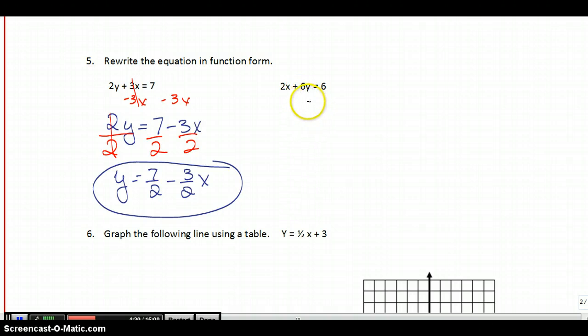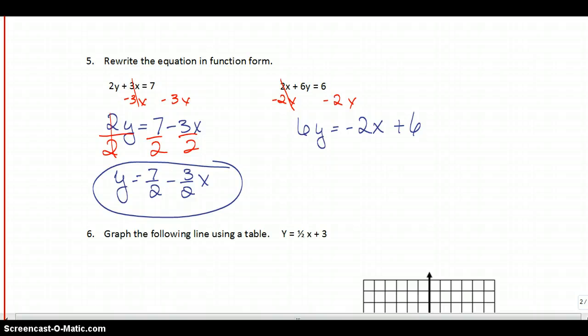Now I have 2x plus 6y is equal to 6. And again, I'm solving for y, or I'm isolating y. So I'm going to subtract 2x from both sides. So now I have 6y is equal to -2x plus 6. Well, now I need to divide by what?